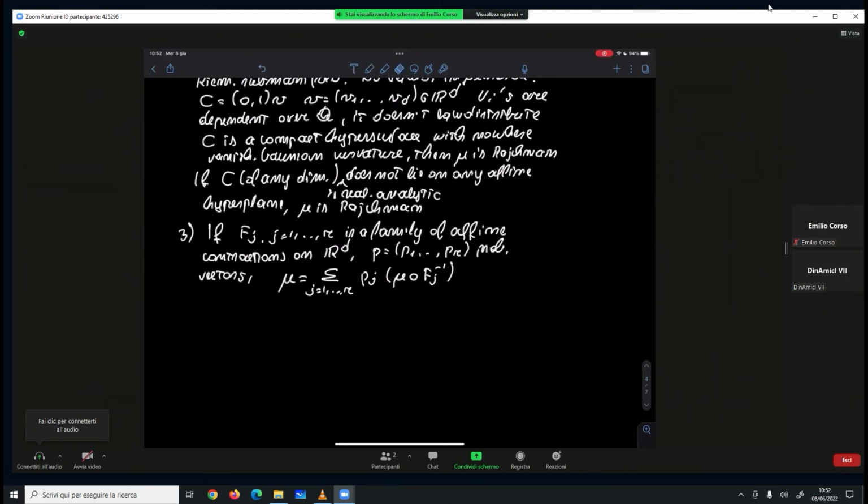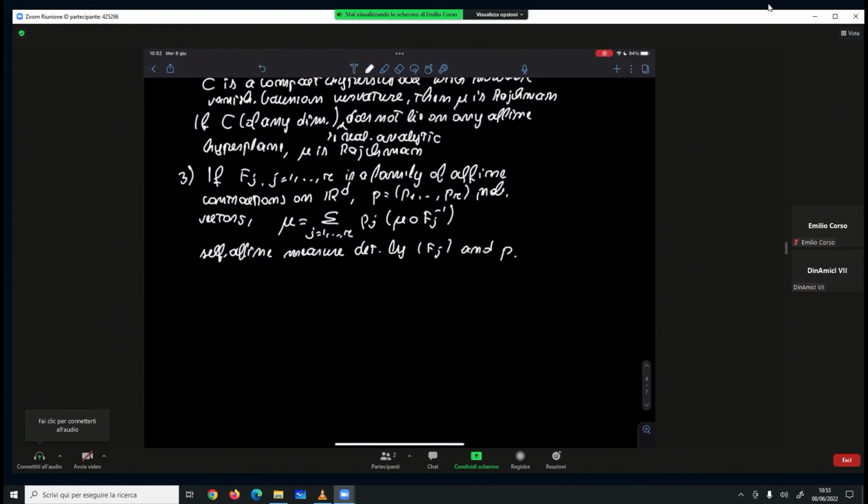It's the average, according to the probability vector P, of all its images under these affine contractions Fj. So it's called the self-affine measure, determined by the Fj and P.